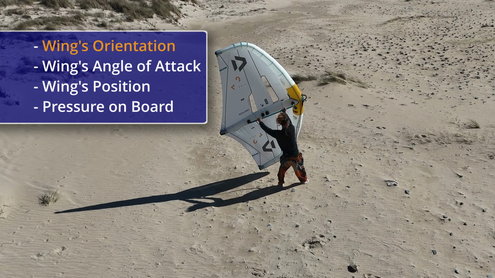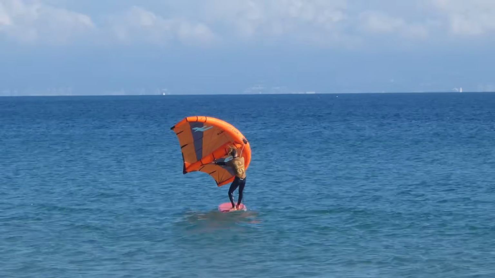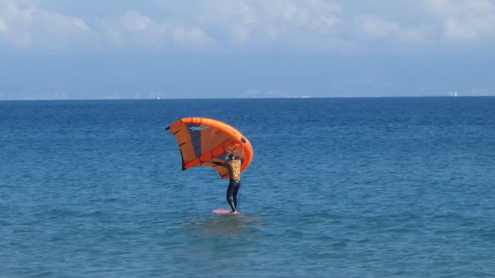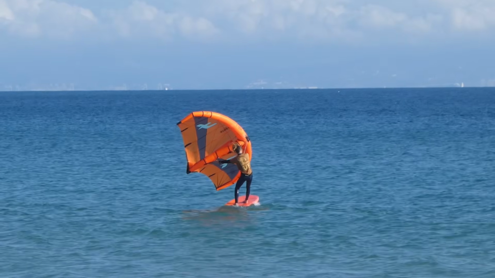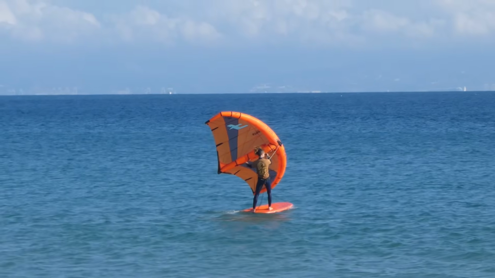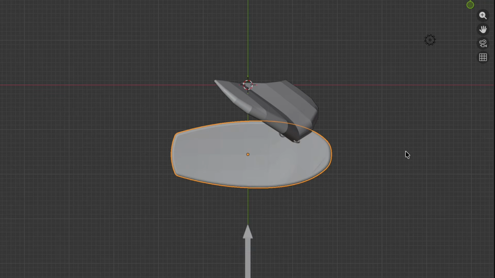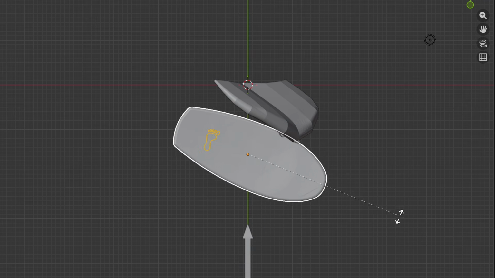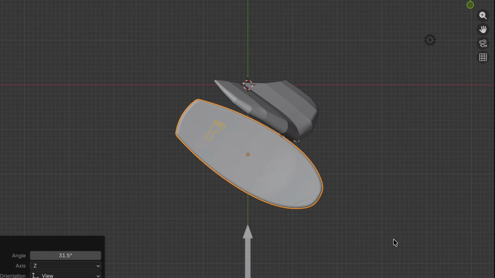Because if you maintain the wing's orientation so that it aims forward, then this motion automatically increases the angle of attack of the wing, moves the wing towards the back of the board, and makes you push on the back foot. Once you do this motion on the board, what will happen will not be that you move the wing towards the back, but really is the back of the board that gets closer to the wing because of the push of your back foot.